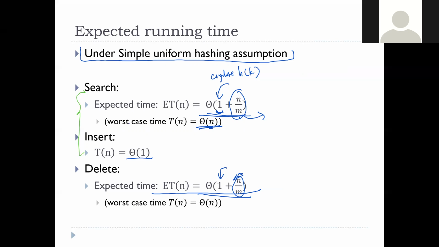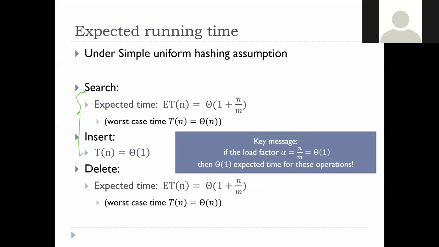Now in practice, we usually choose the size of the hash table to be on the same order as the number of elements you are interested in. In other words, we usually keep the load factor constant.